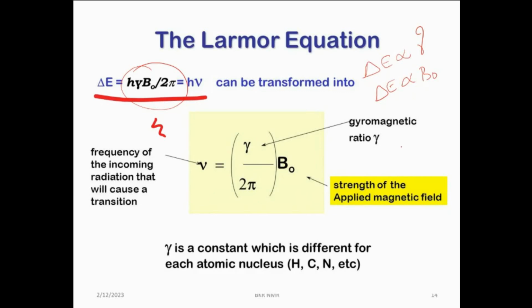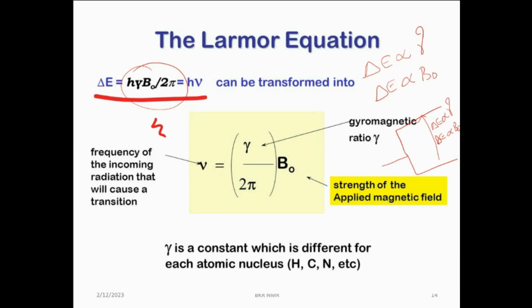So the difference in energy between the two states will depend upon two variables, gamma and B0. That means if I change the magnetic field, my difference in energy will change. If I change the gyromagnetic ratio, the difference in energy will change. Do you agree?